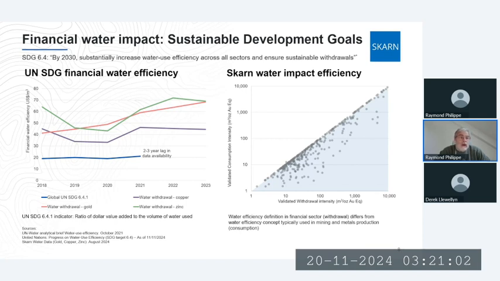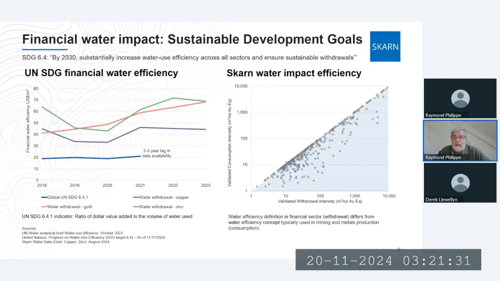With Skarn, we have been able to develop a methodology that is not only giving the data up to 2023 now, but we're also starting to do forward-looking financial water efficiency impacts into the future. We expect to come out with a new product and updated products in the next coming months that is going to do a forward-looking view up to 2030.